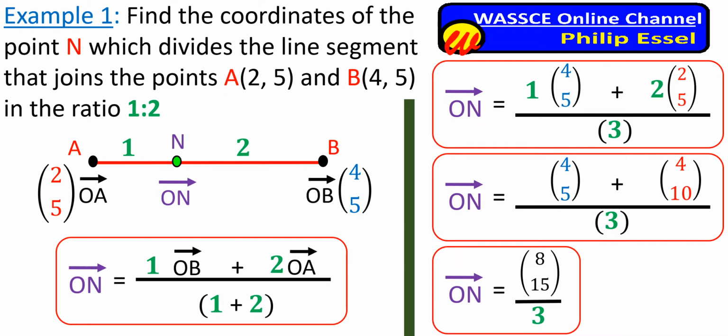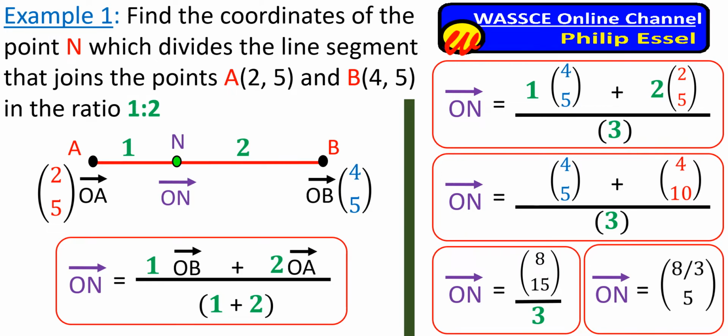So we added (4, 5) to (4, 10), and that's how we got (8, 15). When we solve for this, our vector ON will be equal to the vector (8 over 3, 5).